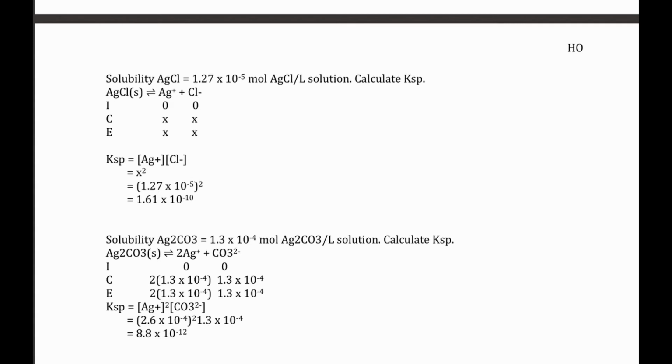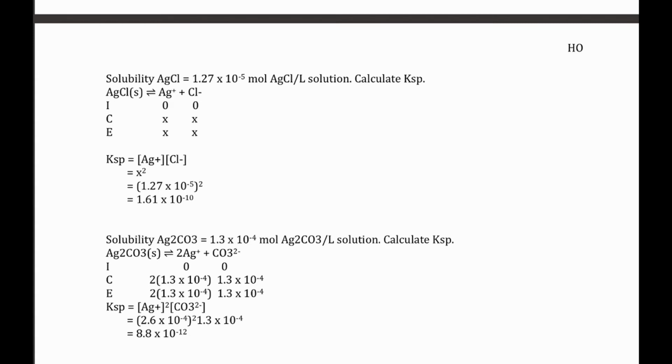So we have 1.27 times 10 to the minus 5, squared, and we calculate a Ksp of 1.61 times 10 to the minus 10. The reason that we have 3 sig figs in Ksp here, as opposed to only 2 sig figs in the table, is just because of the solubility having 3 sig figs that we used.